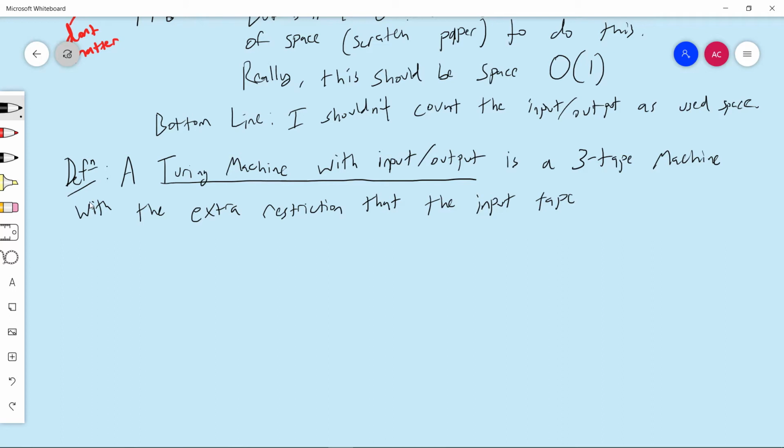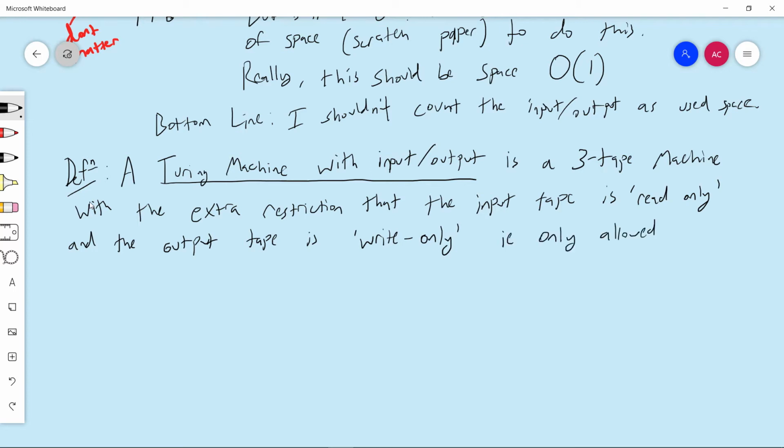So it's a 3-tape Turing machine with the extra restriction that the input tape is read-only, and the output tape is write-only, i.e., only allowed to do work on the middle tape.